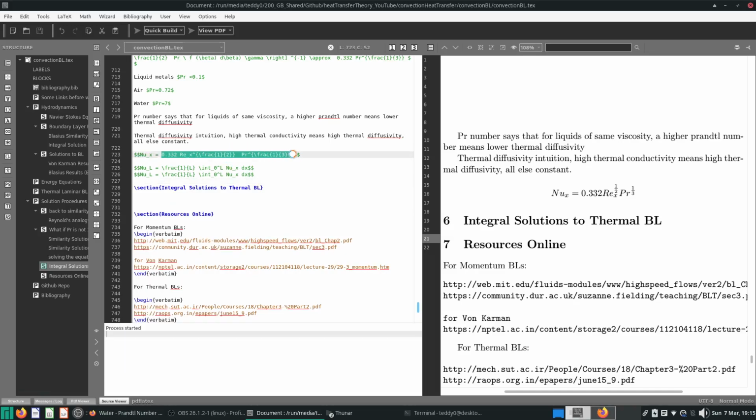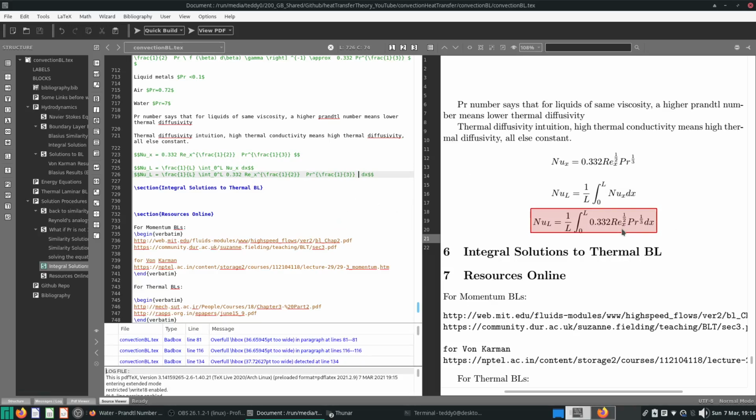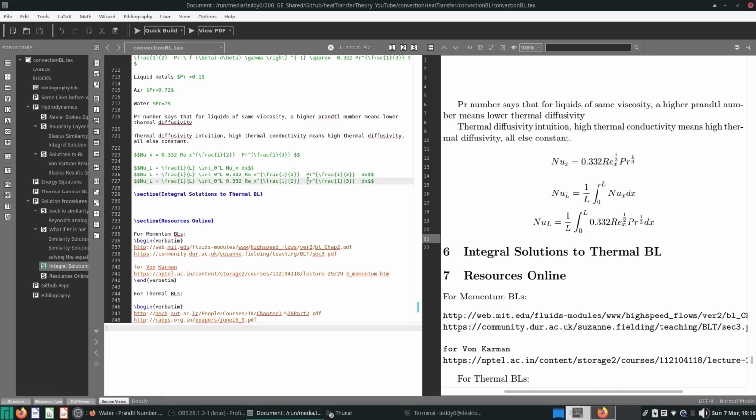If we do the same thing, we'll realize that if it's a constant Prandtl number, we can just take the Prandtl number out, no problem.